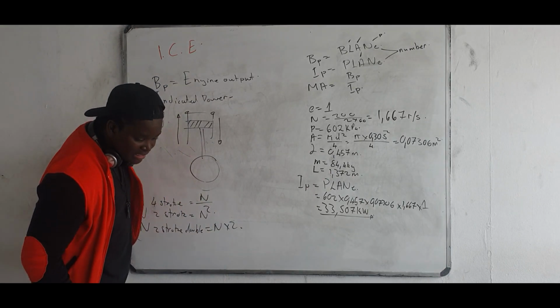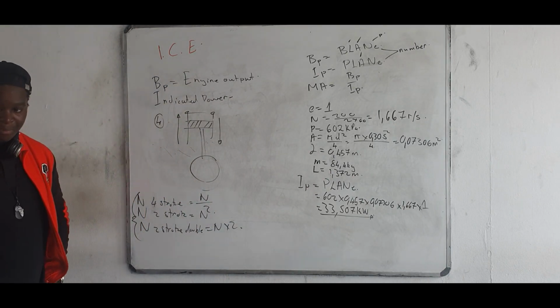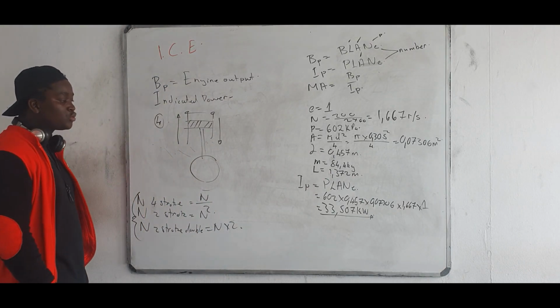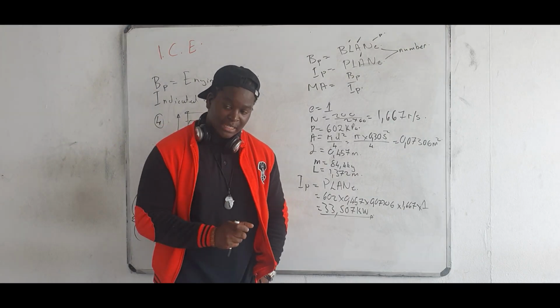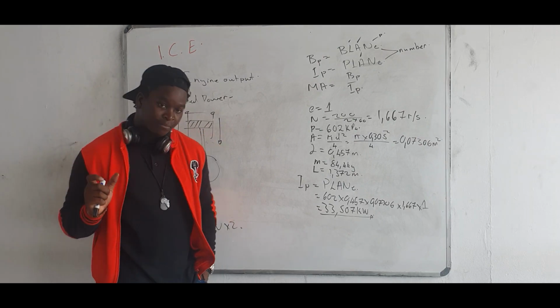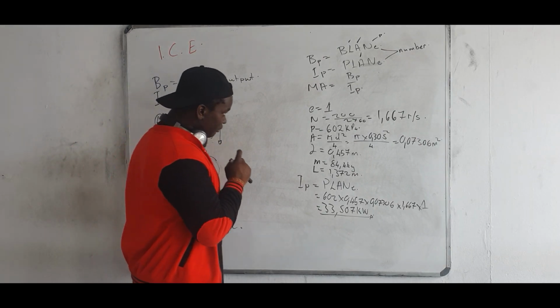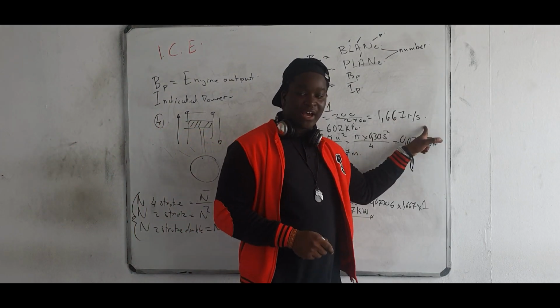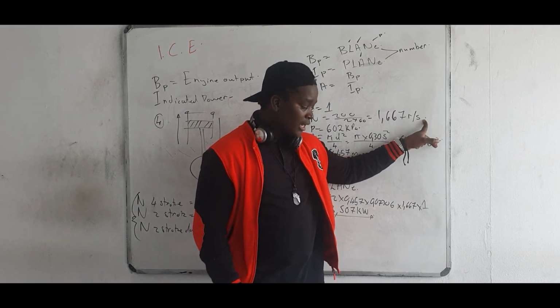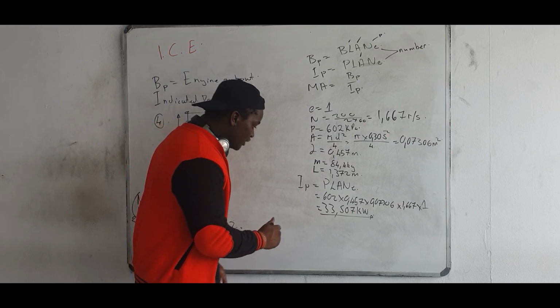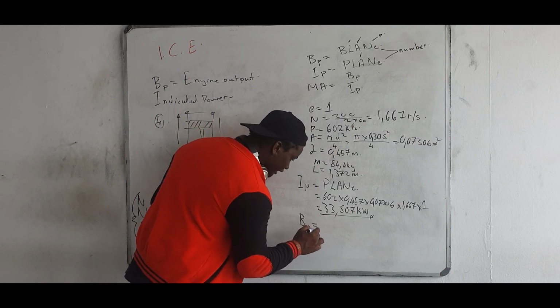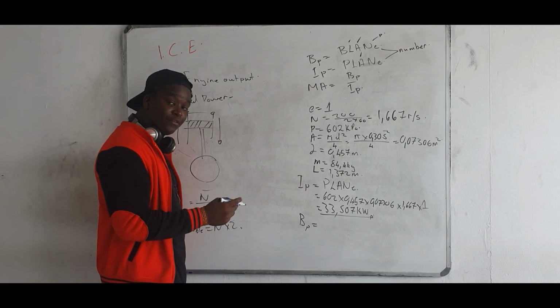Okay, the next question is asking us to calculate the brake power. Are we together? Now, here is something that I need you to keep in mind always. The value for N that we used here is not going to be the same value of N that you're going to use when you calculate brake power, BP. Now, remember our formula for brake power.